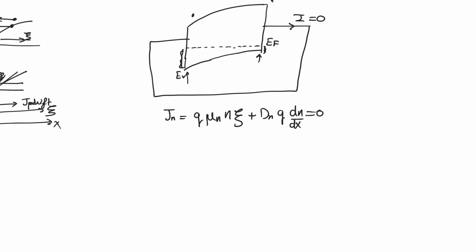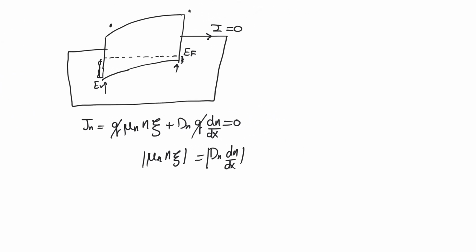And this current is going to be equal to 0. So basically, we're going to have 0 net current flow, and we can cancel out the q's. And let's just ignore signs for now and say that mu_n times E as an absolute value is equal to D_n times dn/dx as an absolute value. So as absolute values, they are equal to each other, right?